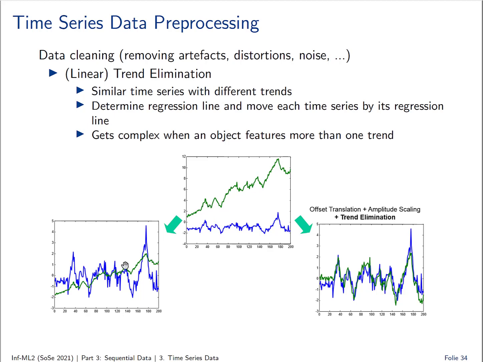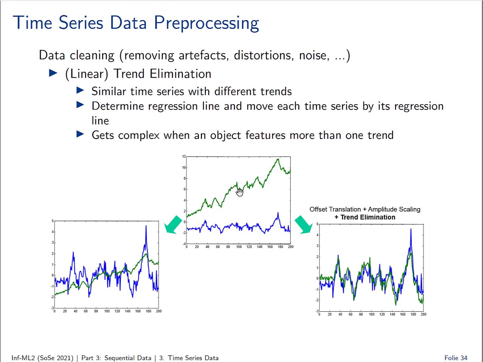Here in that case, it's just offset translation and amplitude scaling. So these two different things are still not similar. Here it's offset translation plus trend elimination, and you see that basically the green and the blue time series have more or less the same shape, but you cannot see that in the raw data, obviously.